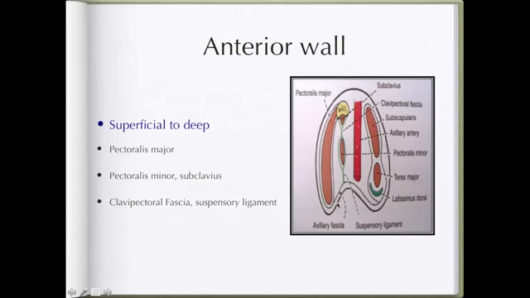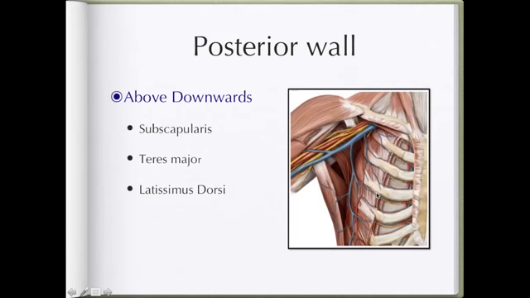This is our anterior axillary fold, and in the posterior wall we can see there are three muscles. Let's see those three muscles in a little detail. So posteriorly, when we remove all the structures from the anterior side, what we see behind is the posterior wall of axilla. Posteriorly, above there is subscapularis. The muscle arises from the subscapular fossa. Then there is teres major muscle from the lateral border of the scapula, and there is latissimus dorsi coming all the way from the iliac crest.